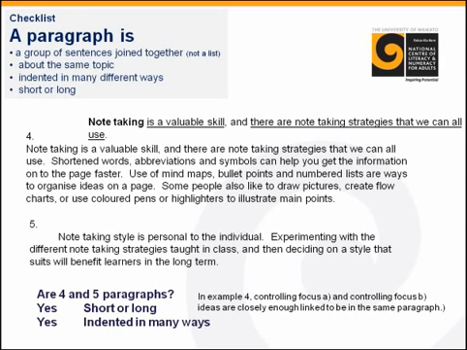This is a discussion to be had with learners, because in the previous example, number 3, those 2 points about note-taking being worthwhile and note-taking, what it requires, they really are a little bit different and need to have their own separate paragraphs. But for number 4, both of these are closely enough linked that they can be in the same paragraph. These are good discussions to have with your learners.